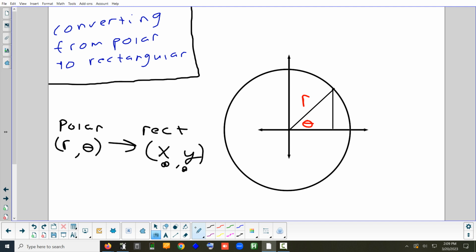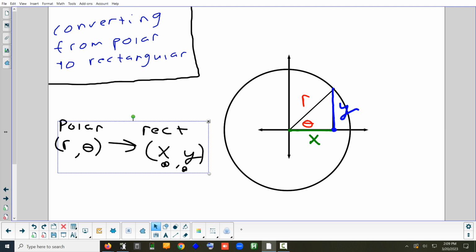That's the base. X is how far you move from here to there. So that's my x. And what about my y? That's my height. That's the distance from here to here. So if you can figure out the base and the height of that triangle, that is how you change from polar to rectangular. You have to find the base and find the height.